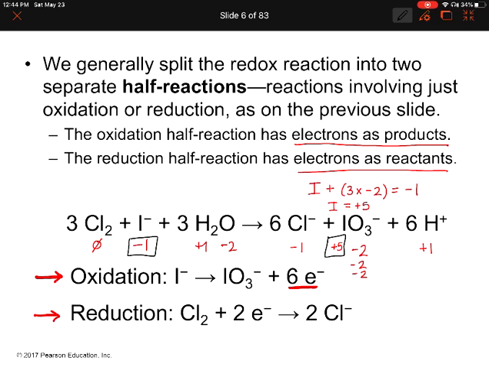So you could write that algebraically as well. So you could say, okay, -1 equals, let's see, iodide plus 5. And then iodide would equal -6. So we have 6 electrons that iodide lost.